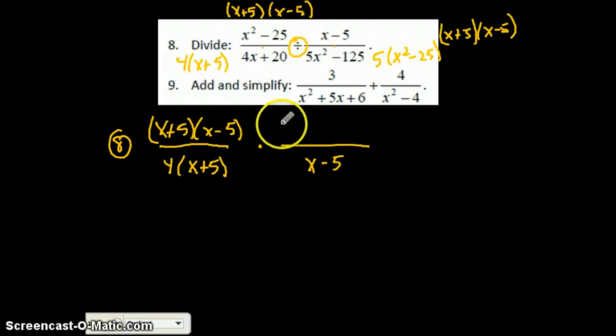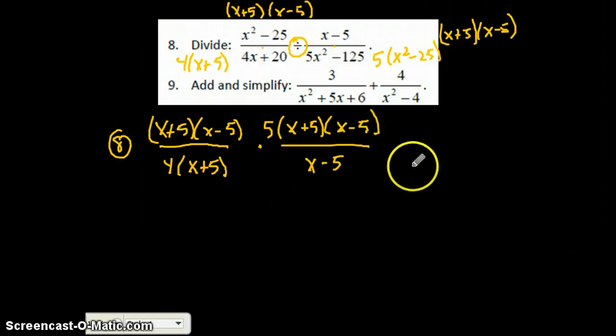And then up at the top, I'm going to put, see if I have that right. I do have that right. I'm going to put a 5 times the x plus 5 and then x minus 5.